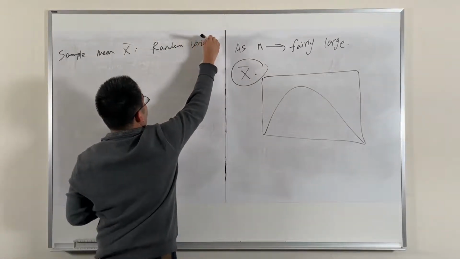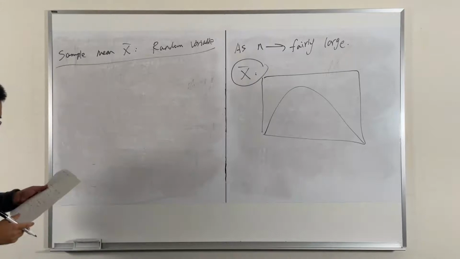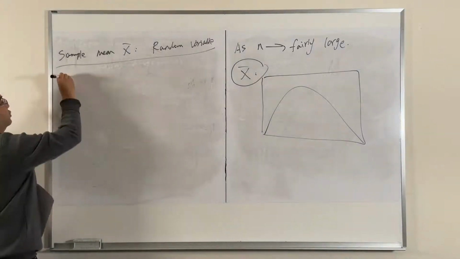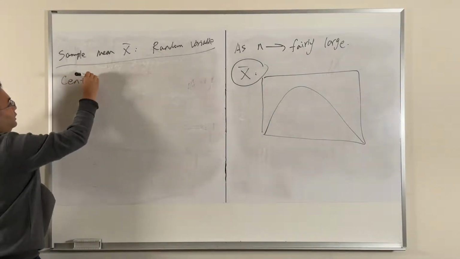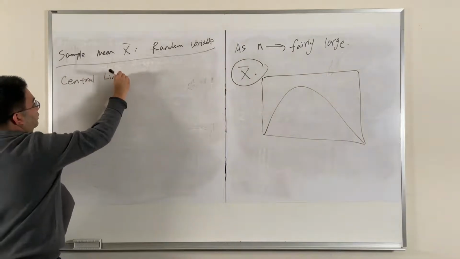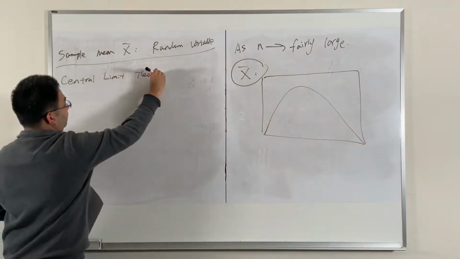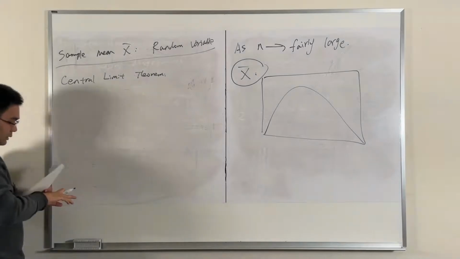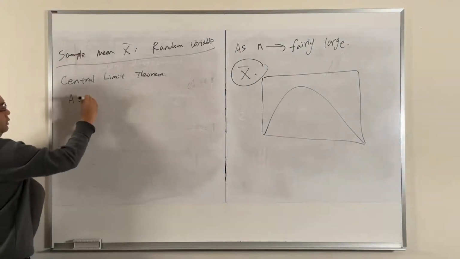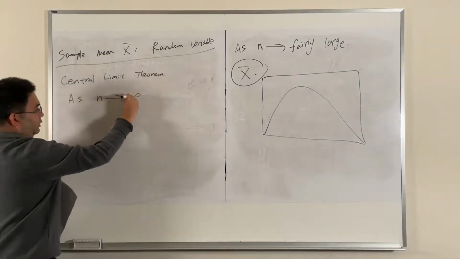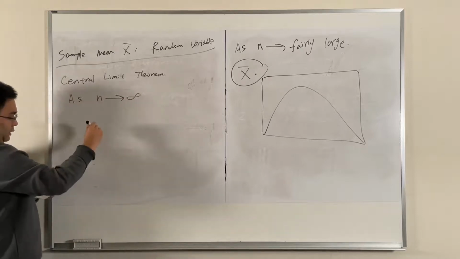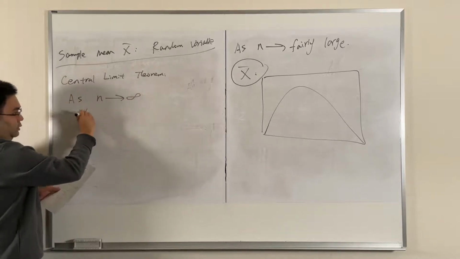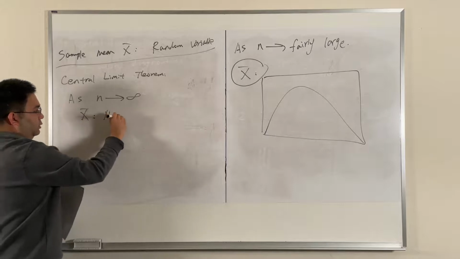By the central limit theorem, as n goes to infinity, our x bar sample mean is normally distributed.